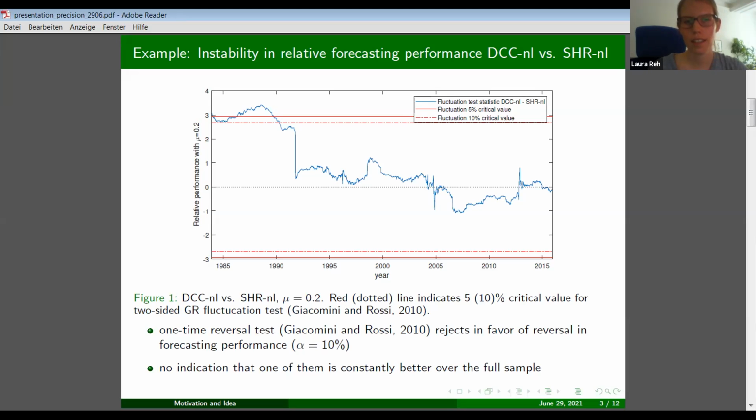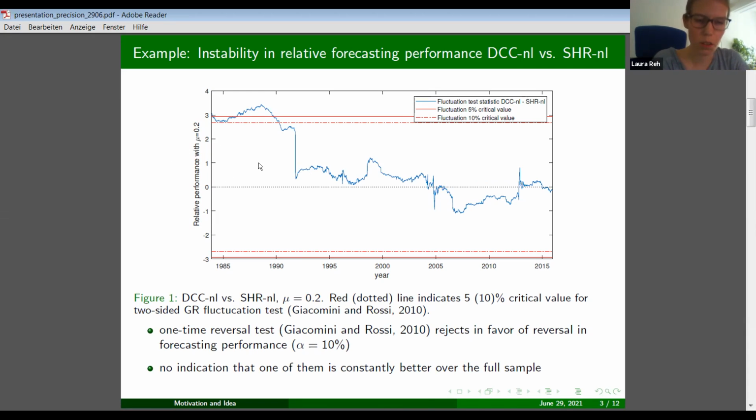If it crosses the critical values once, then we have a rejection. So it's not that surprising that the models do not perform equally well over this long time horizon. However, the interesting part here is that this line is not really stable. In the beginning, the DCC is superior to the nonlinear shrinkage. Then we have an increase, a decrease, and we don't really have a straight line for our relative forecasting performance.